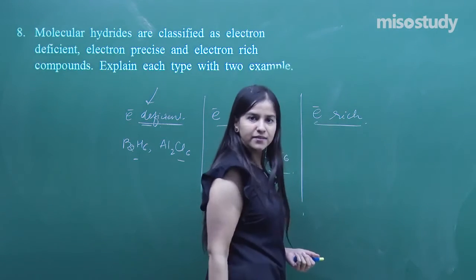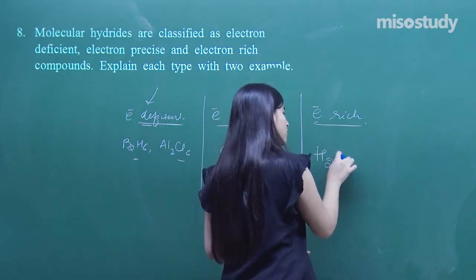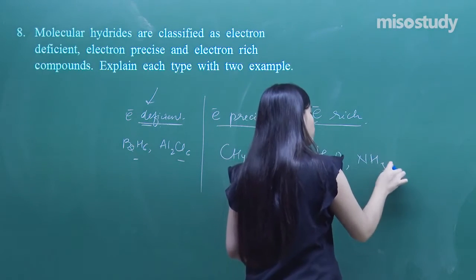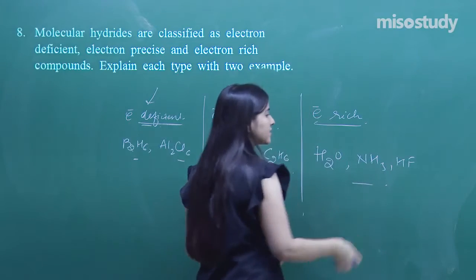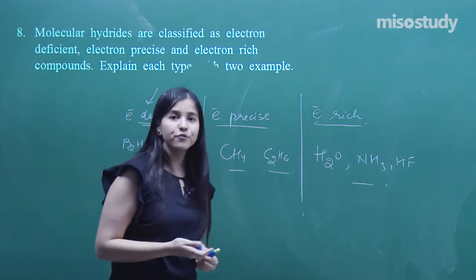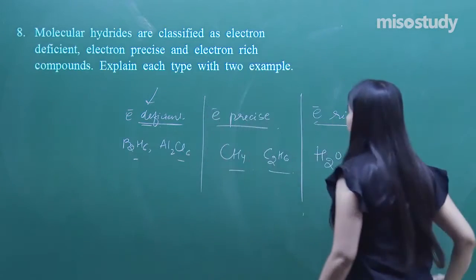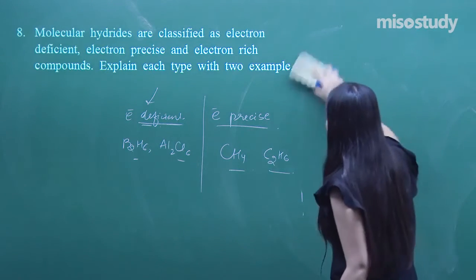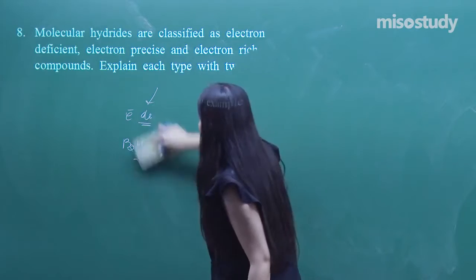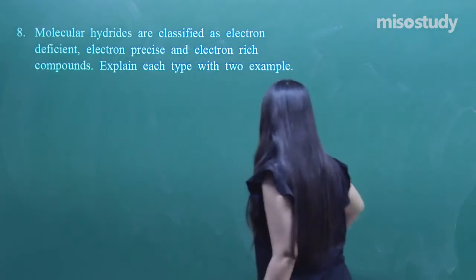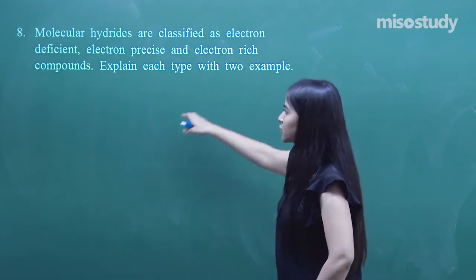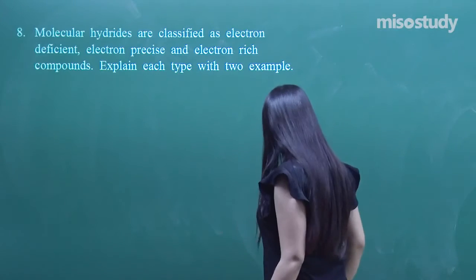Electron rich can be, we have just done this, H2O, one more NH3, one more HF. Yes, all of those have got extra pairs of electrons to donate. Clear? Okay. So that was it. Yes, we have to properly define it because it's a 3-mark question. You have to properly define each and every part of it along with the examples.